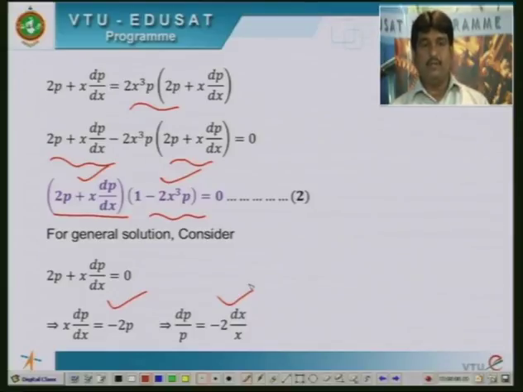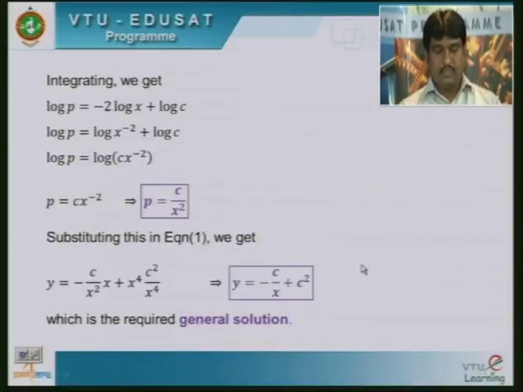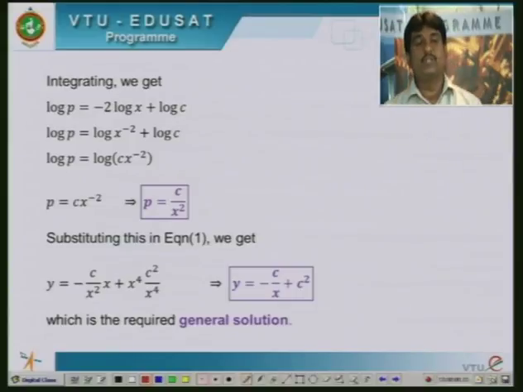Variables are separated here. You integrate it to get p in terms of x involving one arbitrary constant c. Integrating, we get log p equals, which is the integration of 1 by p, minus 2 times log x plus some arbitrary constant which I have taken as log c.